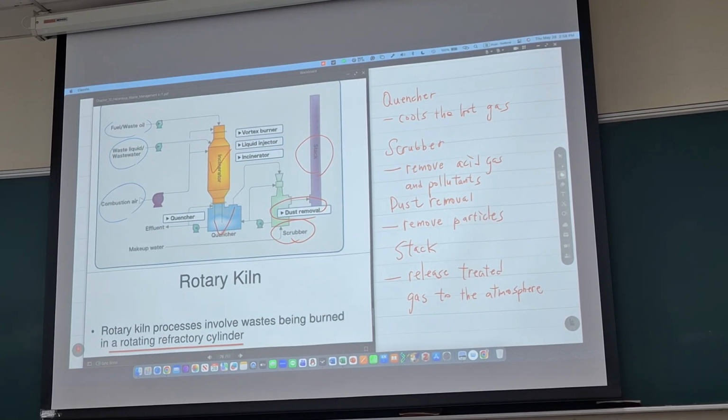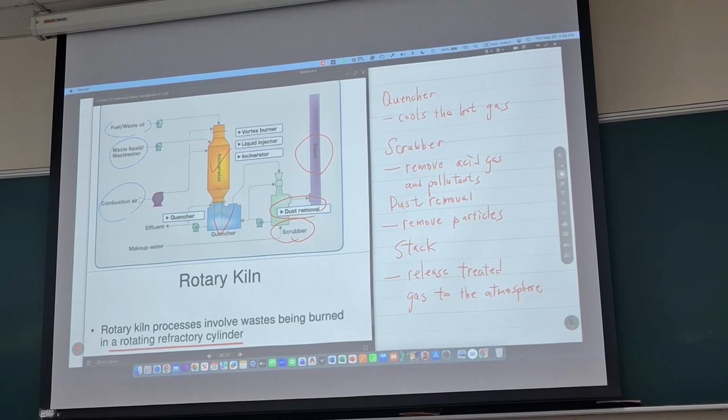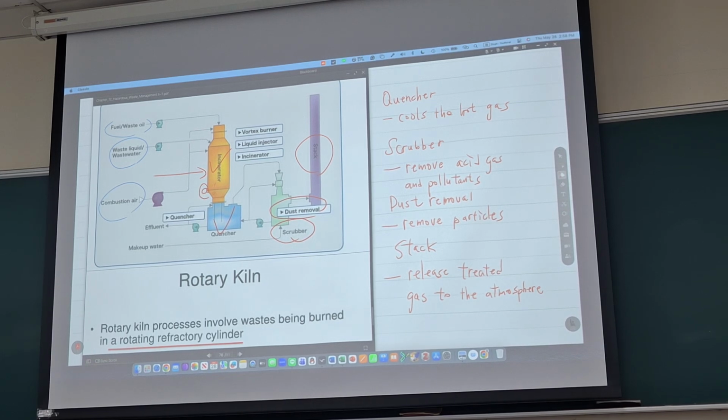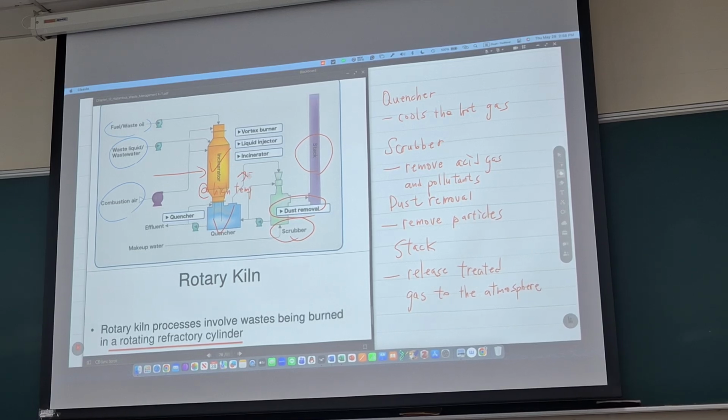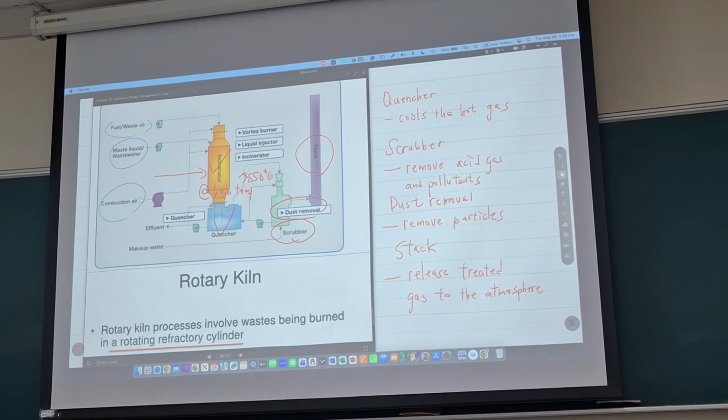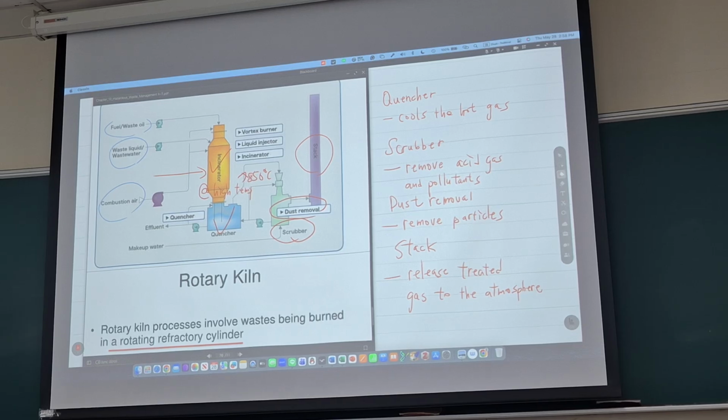Okay, let me repeat this. The liquid waste enters the incinerator, so the incinerator burns at high temperature, at least 850 degrees Celsius for hazardous waste. The quencher is the facility to cool down the hot gas quickly.